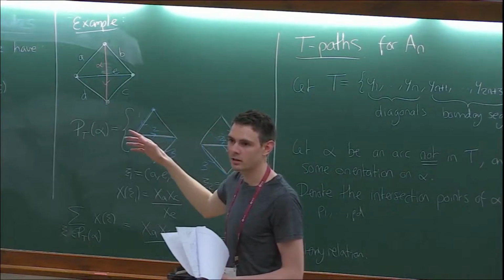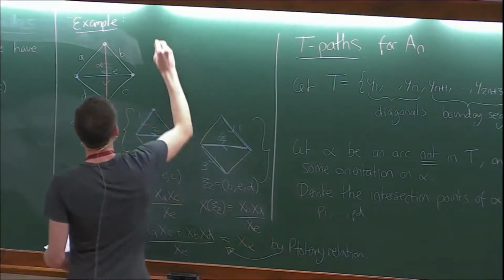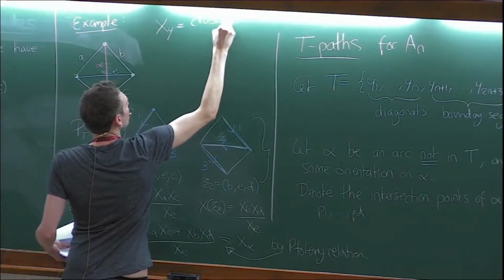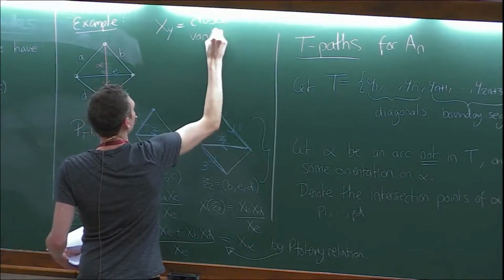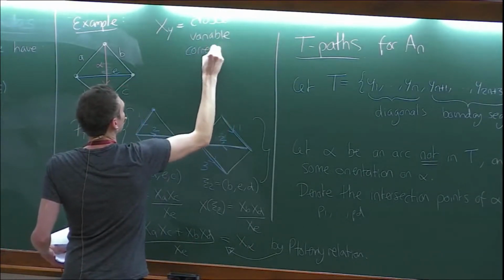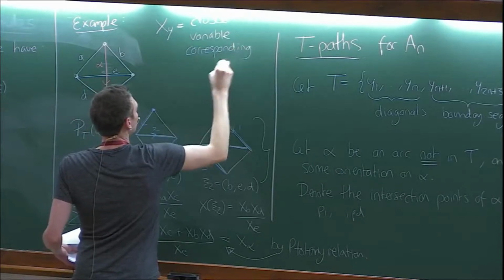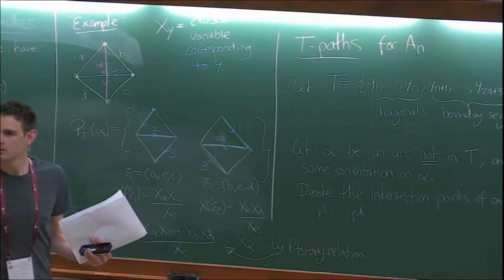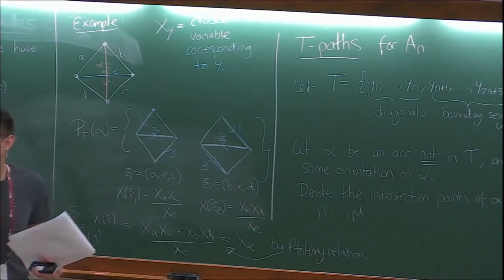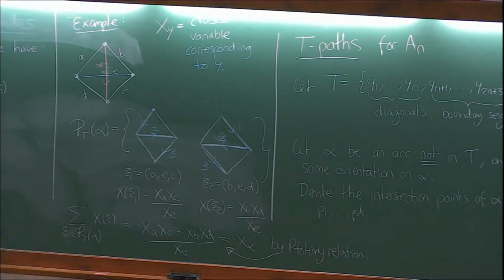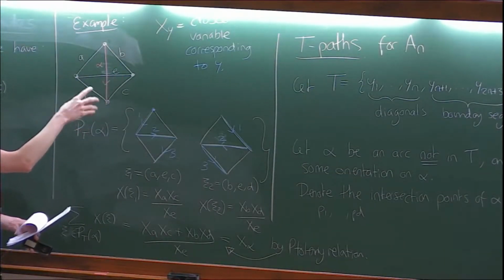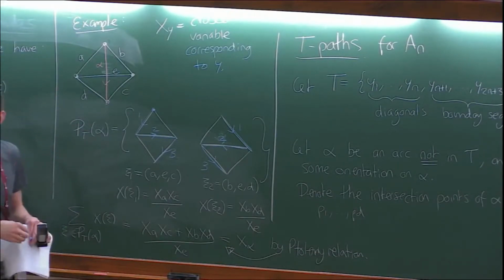I mean, this is just the terminology that I'm using. I'm saying X gamma equals the cluster variable corresponding to gamma, where gamma is some arc. Sorry? So this is our triangulation, and if we were to flip the arc E, then we would get alpha. Yes? Okay.